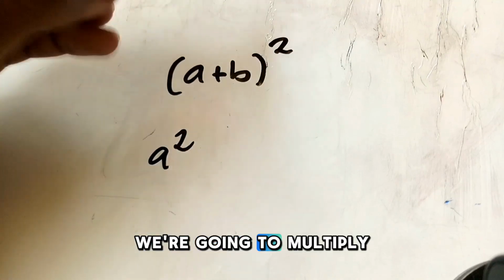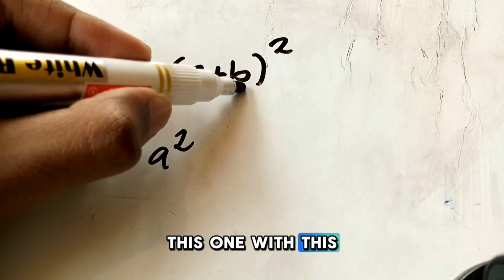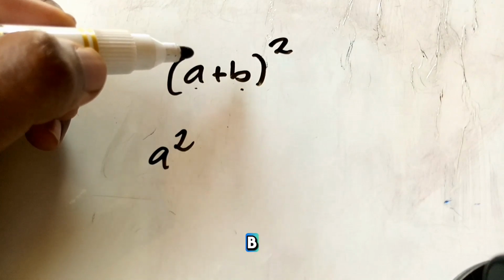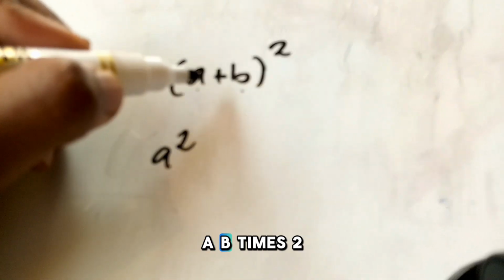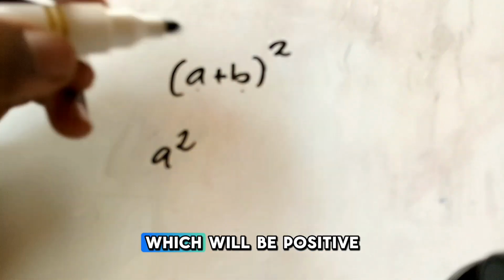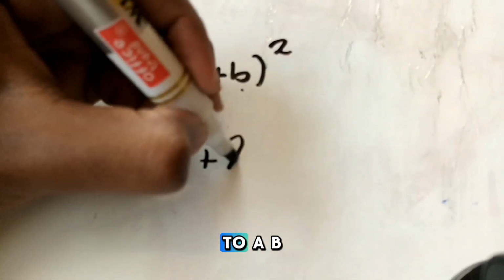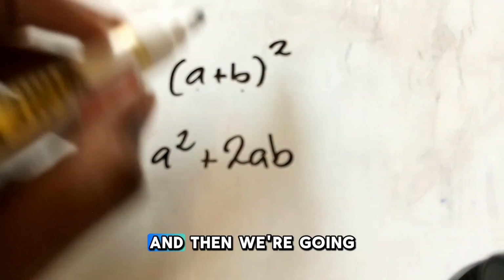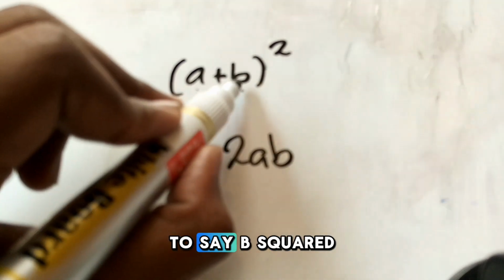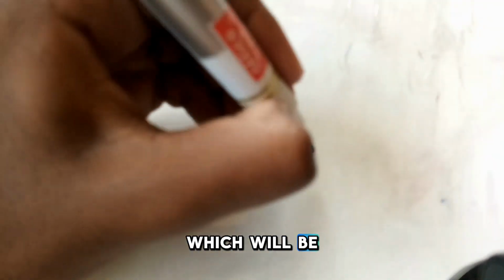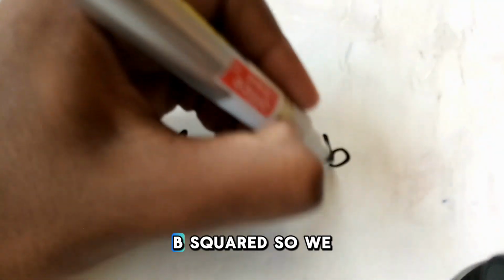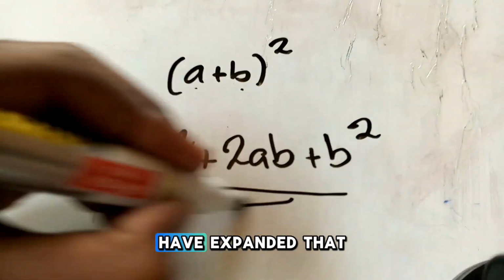And then we're going to multiply this one with this one, which is ab. Then after multiplying it with this, we're going to say ab times 2, which will be positive 2ab. And then we're going to say b squared. So b times b, which will be b squared. So we have expanded that.